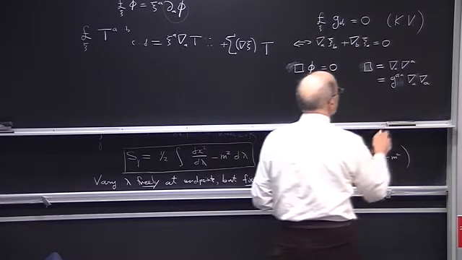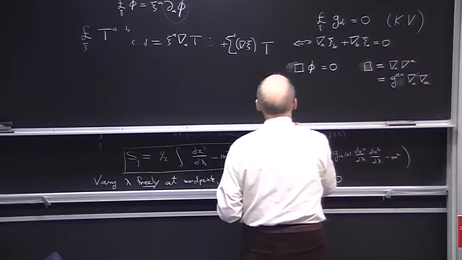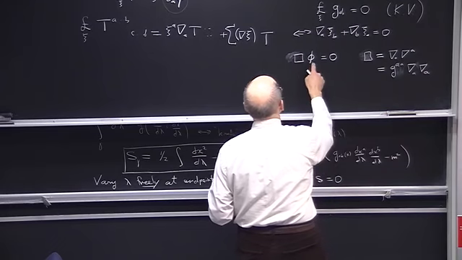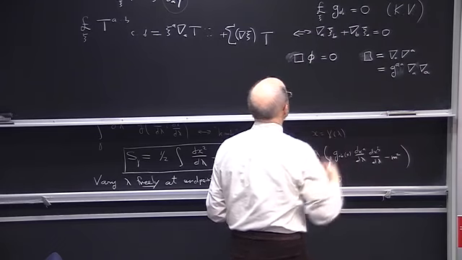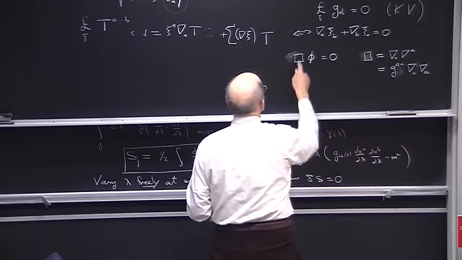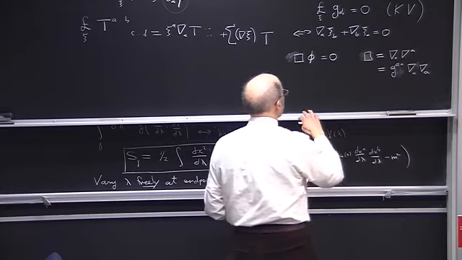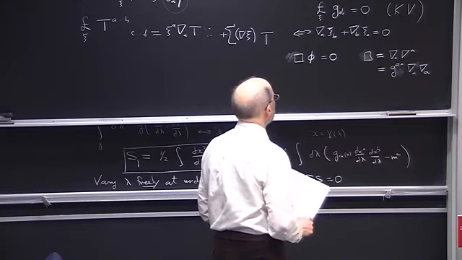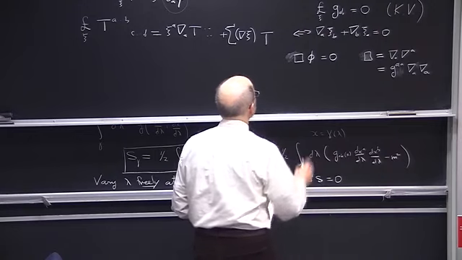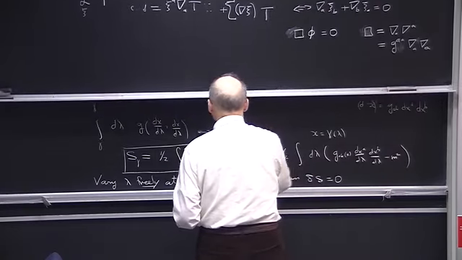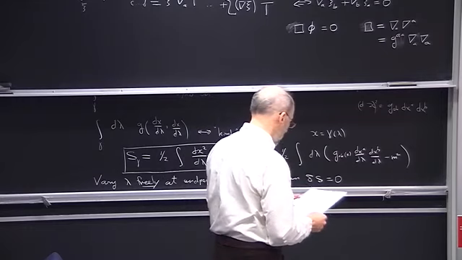And I suspect that by thinking carefully about the geometrical optics approximation, that is the very short wavelength approximation to this, where the wavelength is much shorter than the scale of curvature, the radius of curvature of the spacetime, you could somehow derive this. But I don't know how to do that.